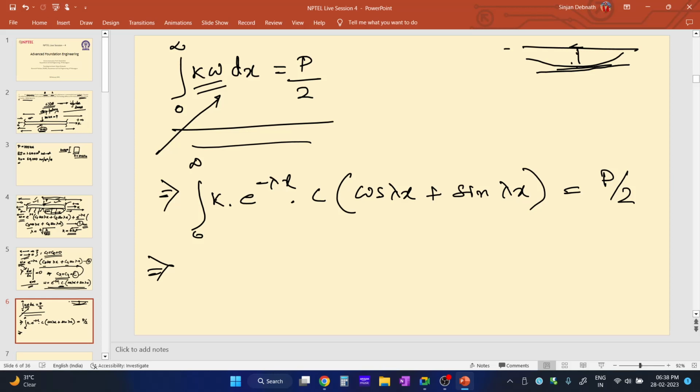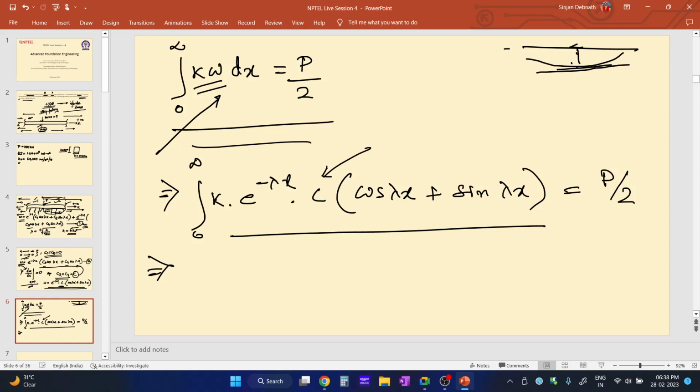Wait a minute, please. Okay, so if you solve this equation, you will get the value of c, which we are trying to determine.